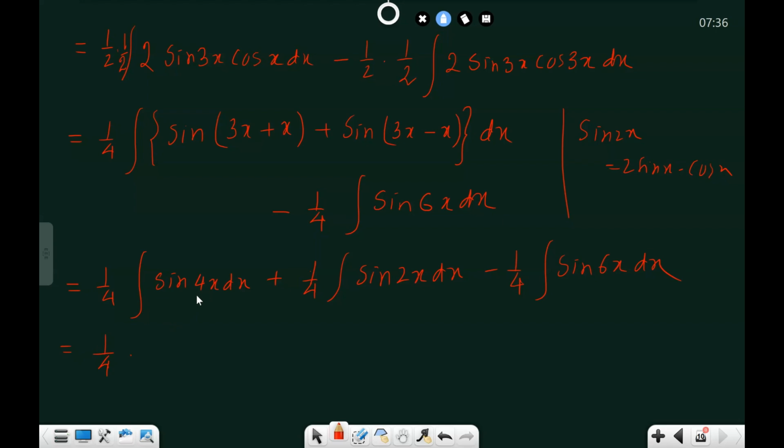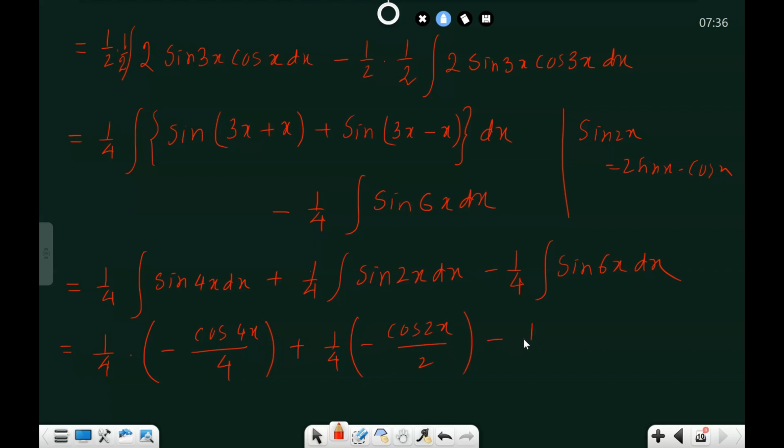So sine mx, this is sine mx type. So the integral is minus cos 4x by 4. Before coming here, you have to memorize the formula of integration. Then plus 1 by 4 is there. Then integration sine 2x, it is again minus cos 2x over 2.